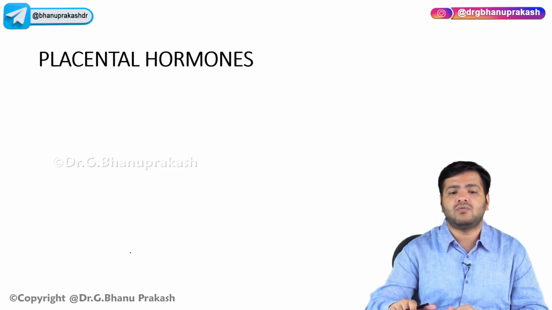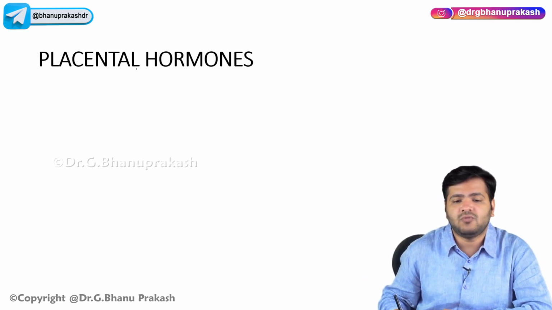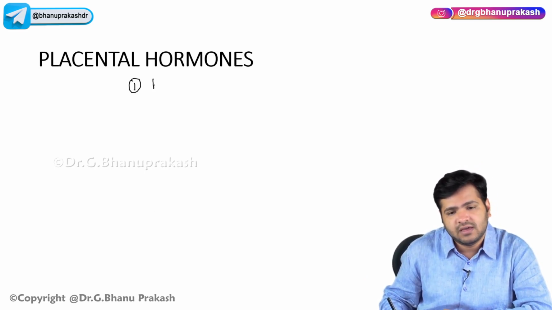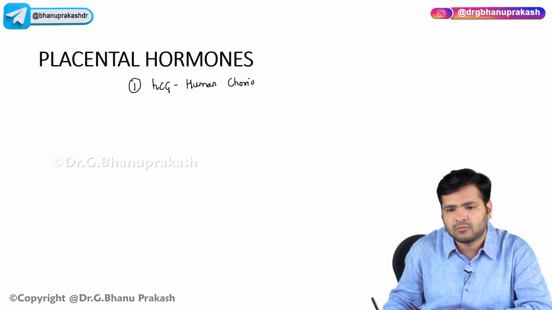Now, discussing the placental hormones one by one. You already know the four hormones that we have discussed. HCG, that is the human chorionic gonadotropin.